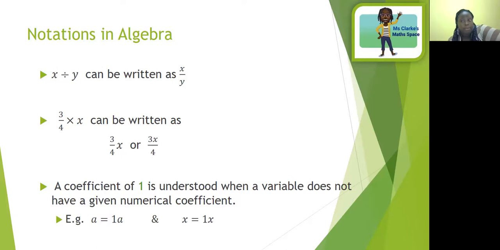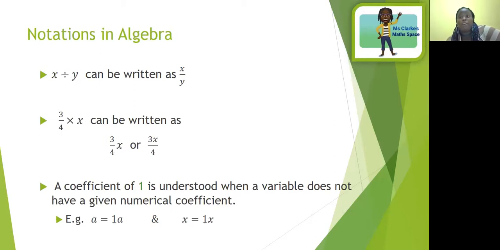So a for apple is the same as saying 1 apple. Make sense? Think of it that way. And I want to stress that a is the same as saying 1a. X is the same as saying 1x. Often I would hear students saying x is 1, x is 1. X does not mean 1. X is the same as saying 1x.